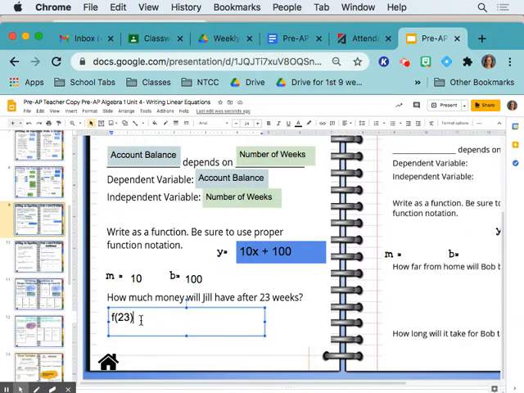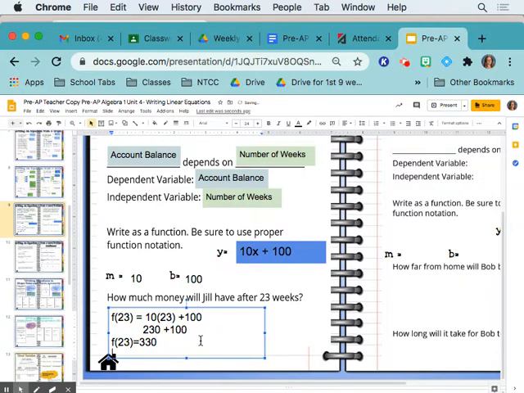So f of 23 equals 10 times 23 plus 100. So 10 times 23, what is that? 230 plus the 100? Yeah. So f of 23 equals 330.